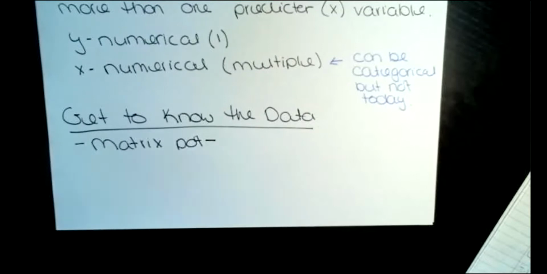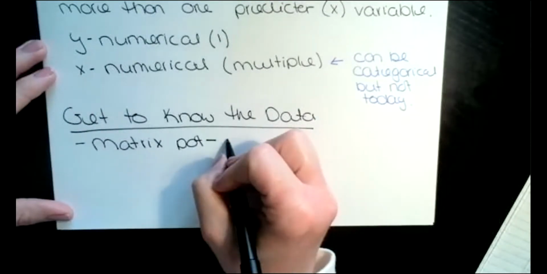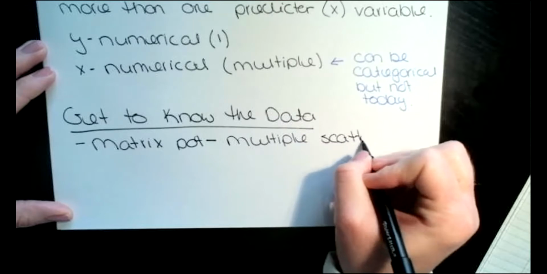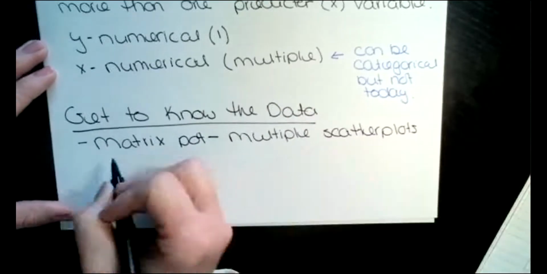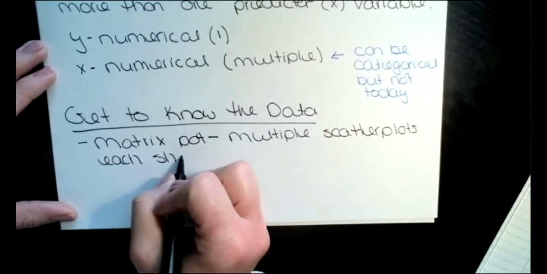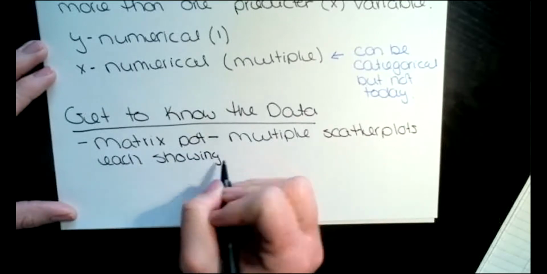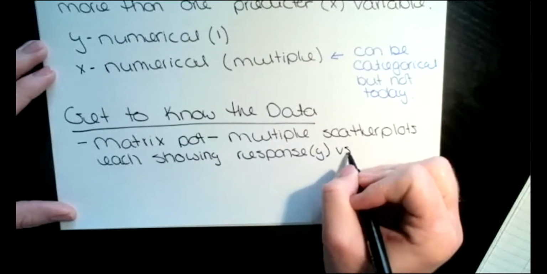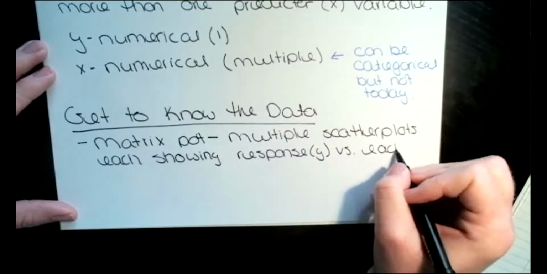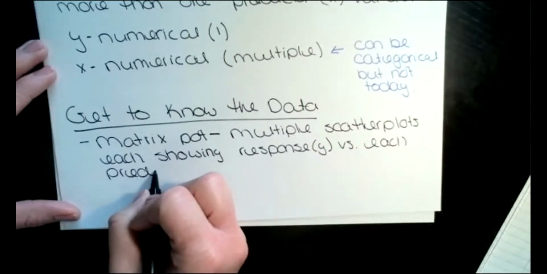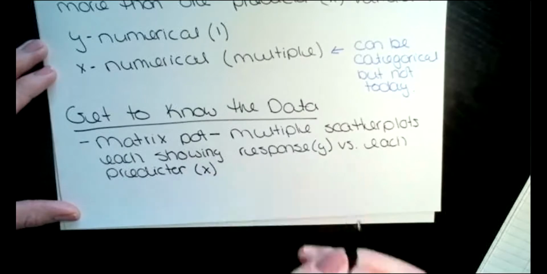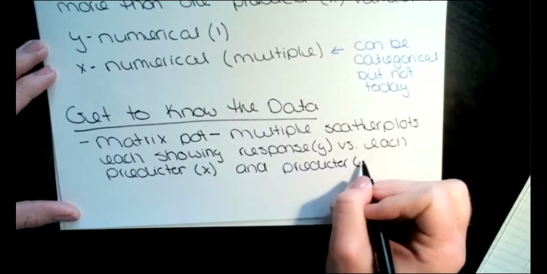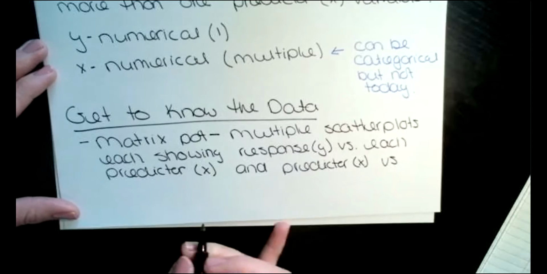Okay, so our matrix plot, this is just multiple scatter plots, each showing the response variable, which is my Y, versus each predictor, my X, and it's also going to show the predictor versus all other predictors.